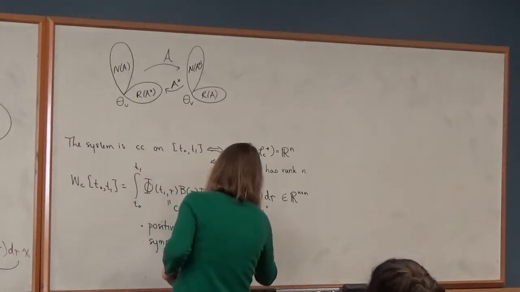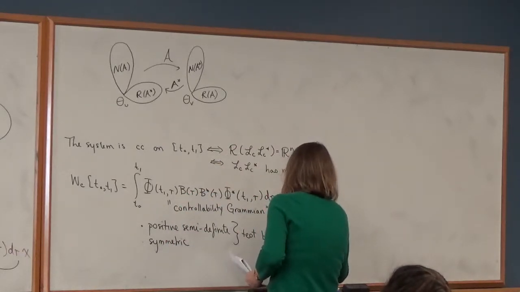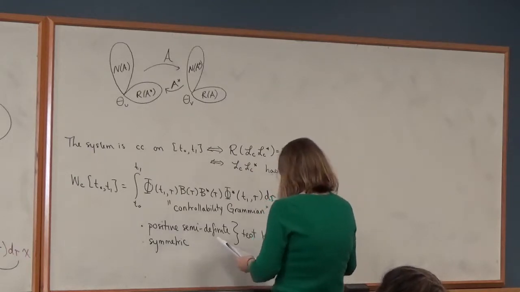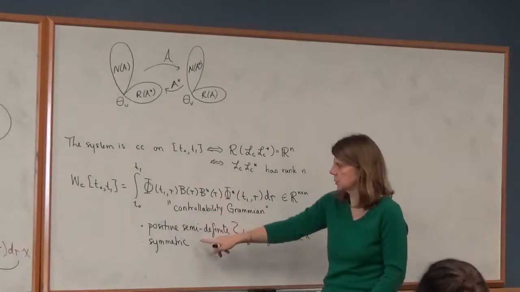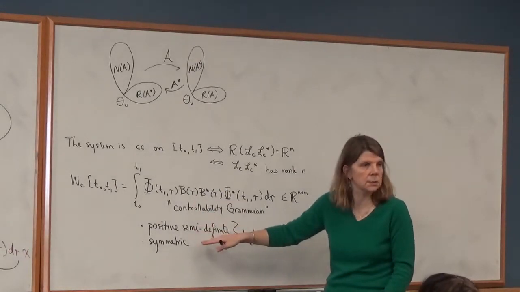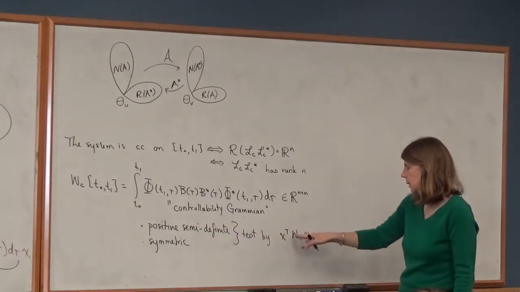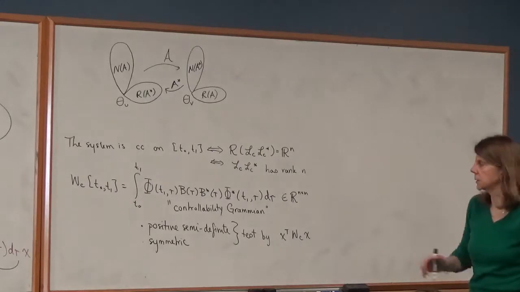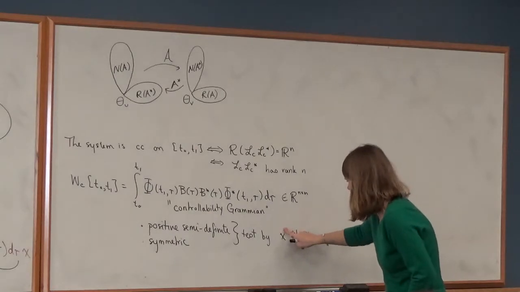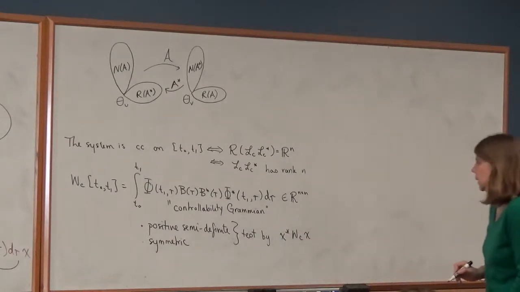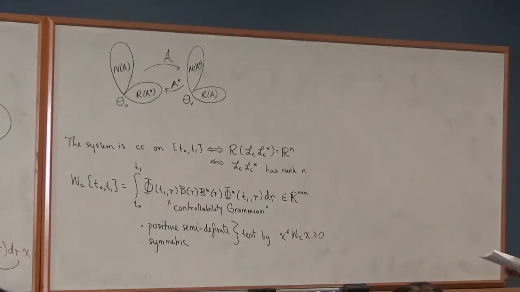For symmetry, you just take the transpose of the matrix, or the complex conjugate transpose, and you see that it's the same thing. For positive semi-definite, you just test for any x whether x transpose WC x is greater than or equal to 0. I should say x star, because now we're in complex conjugate transpose. You want to make sure that it's greater than or equal to 0 for any x.